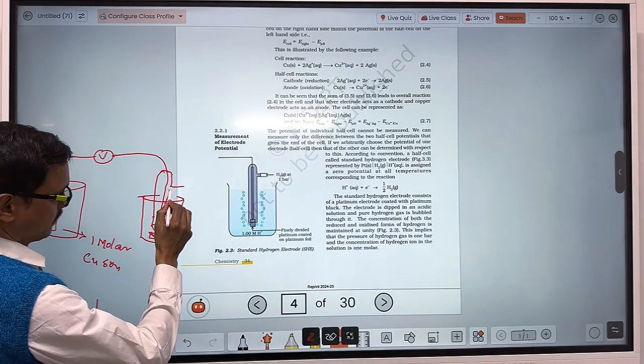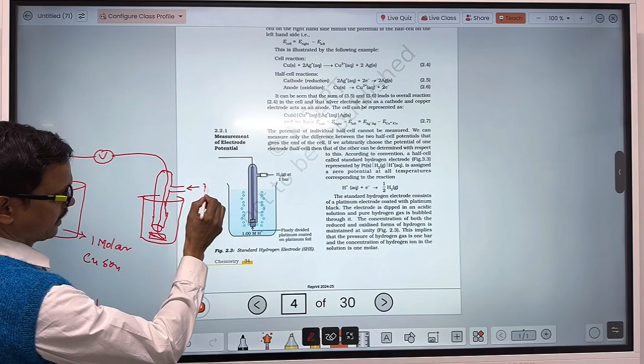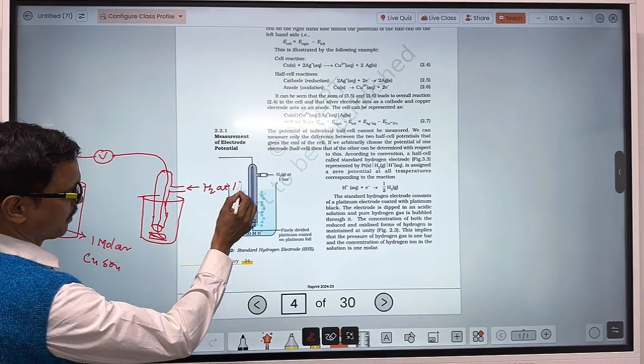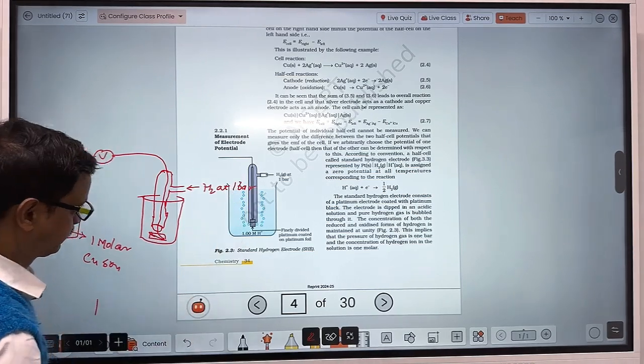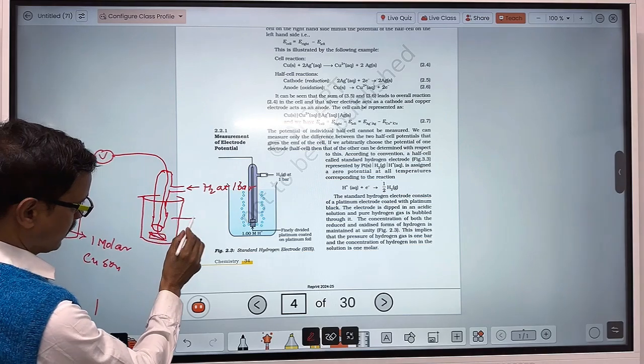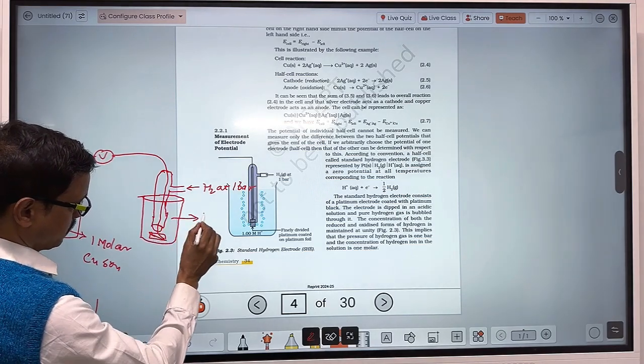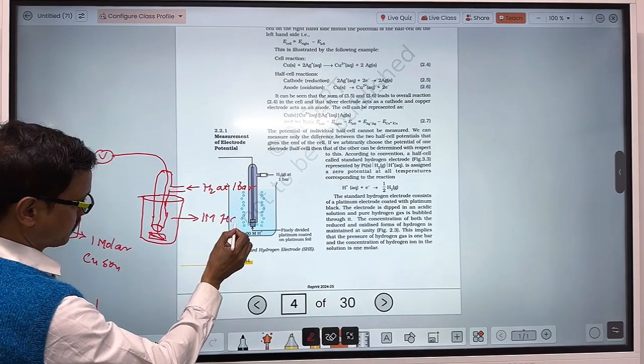The hydrogen gas will pass through here at 1 bar pressure, and we will take 1 molar HCl solution.